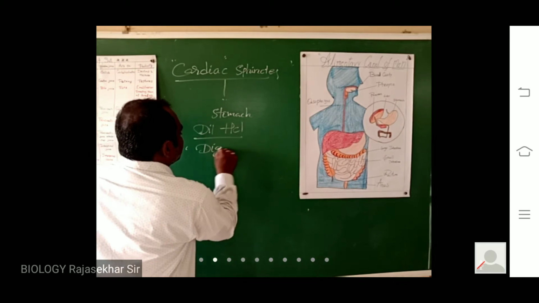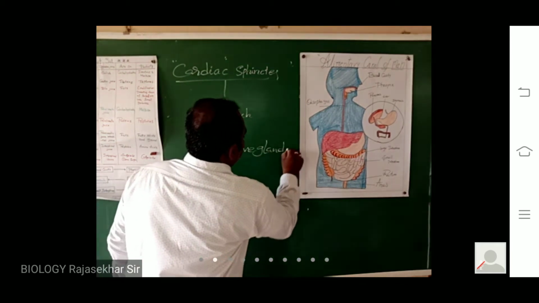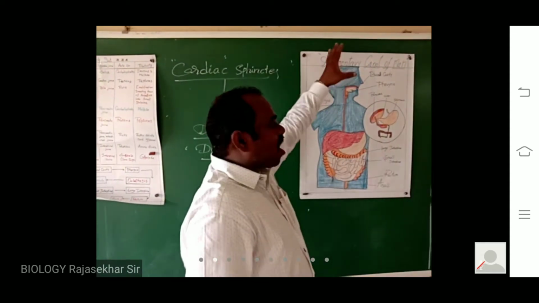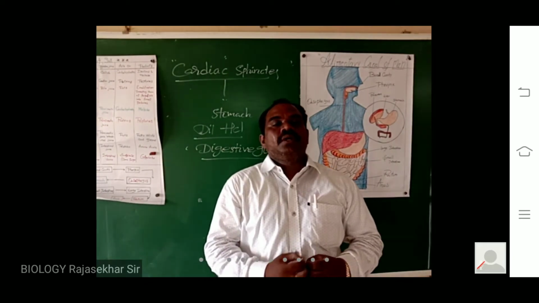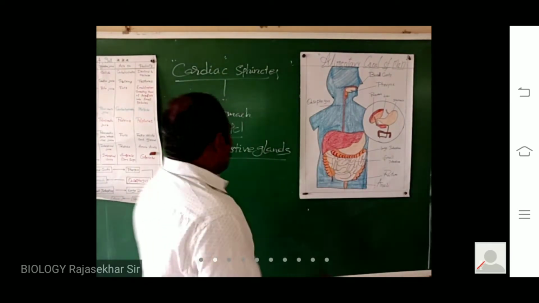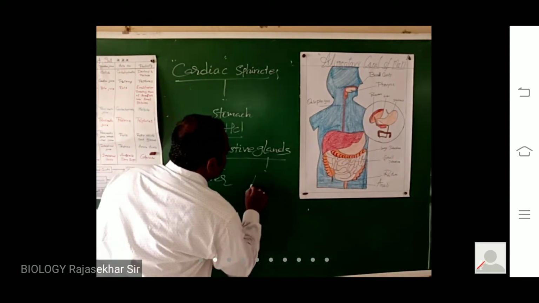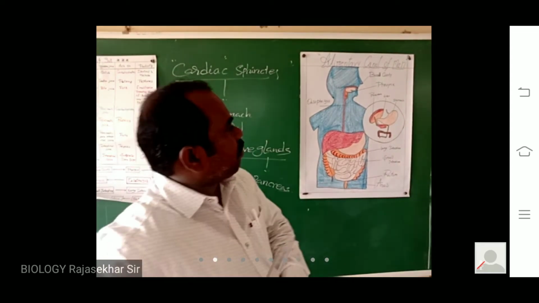Next, digestive glands. Mainly, two digestive glands are present in the alimentary canal of human beings. Two digestive glands: one is the liver, another one is the pancreas.